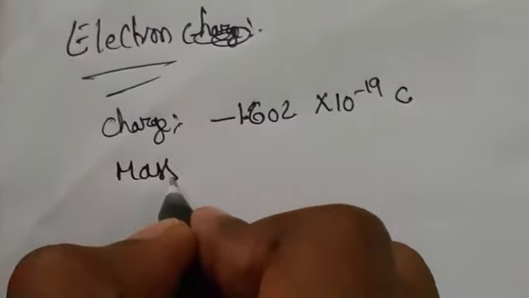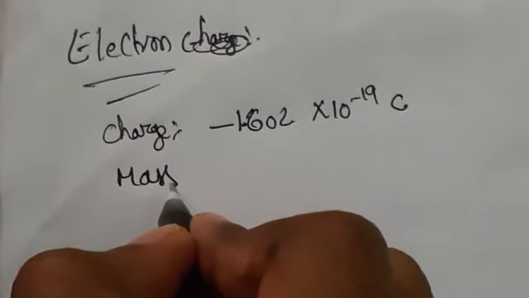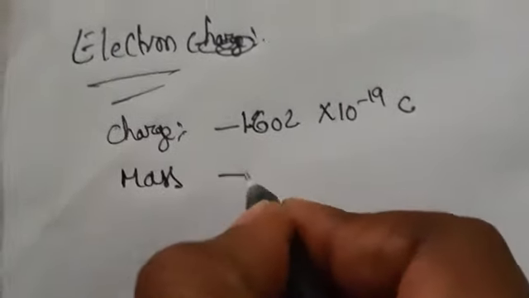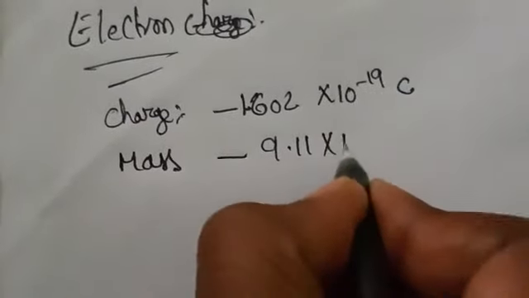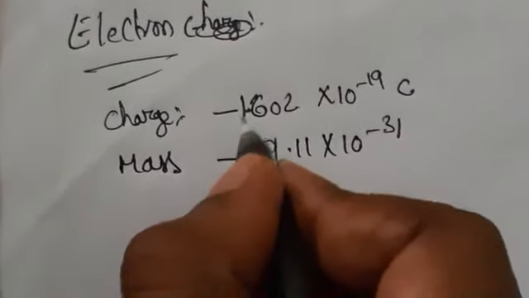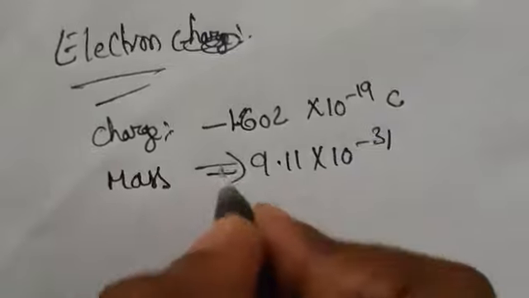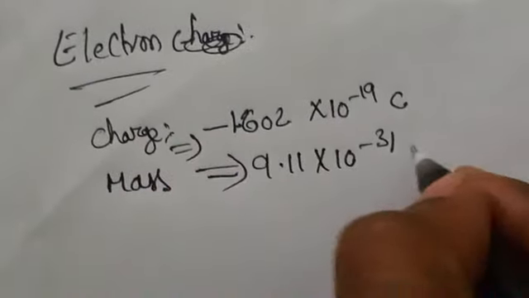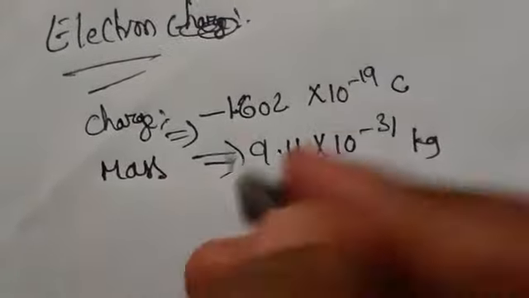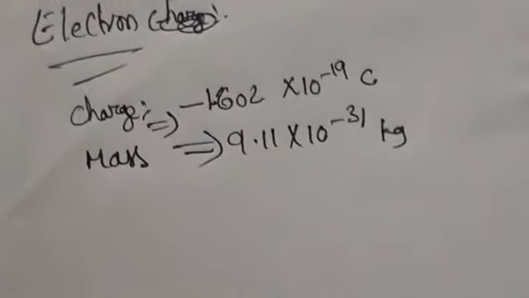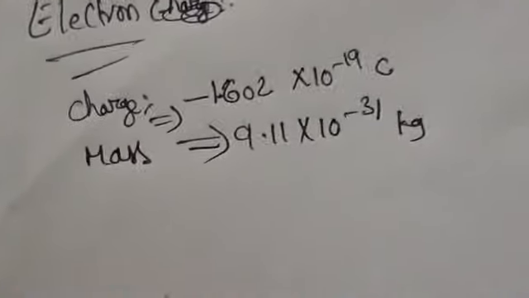And what is its mass? The mass of the electron is 9.11 into 10 to the power minus 31 kg. Then how to calculate the charge to mass ratio?